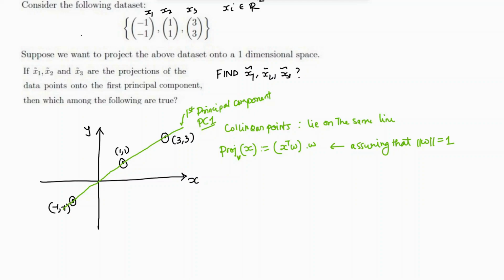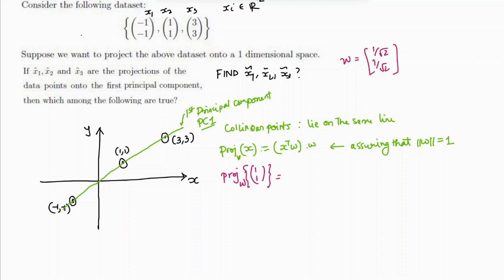Now let's do this for one data point, the projection of the point 1, 1 onto W. We saw that W is 1 by under root 2, 1 by under root 2.